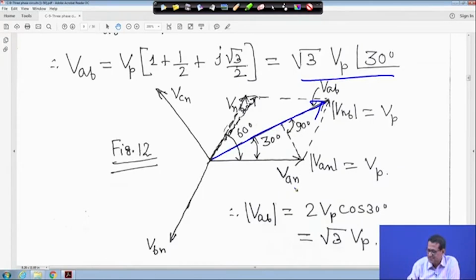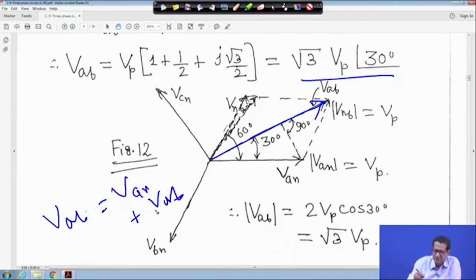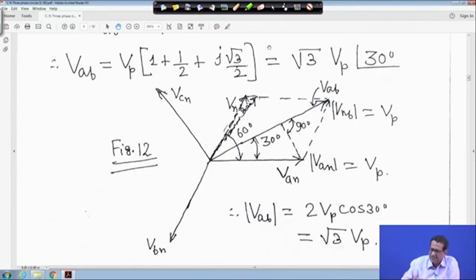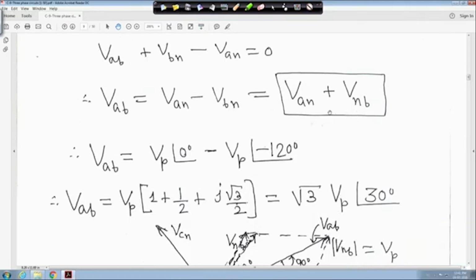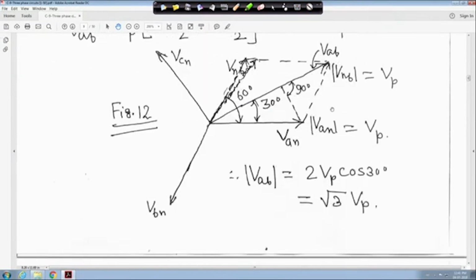So VAB is equal to VAN plus VNB. We should know VAB is equal to VAN plus VNB, right? So if you now take the projection, because this is VP, this is VP, basically it will be VP cos 30, as this angle is 30 degrees, right?